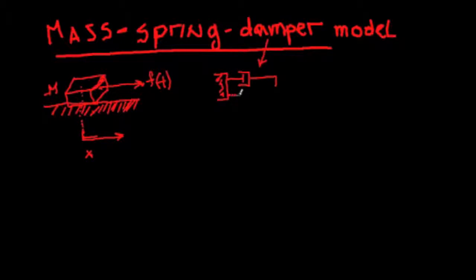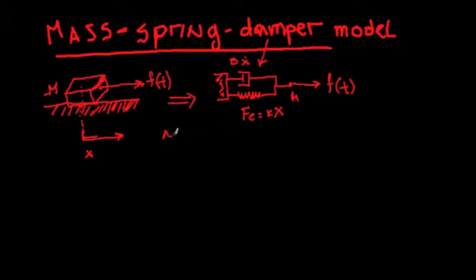In addition to this, we have elastic force that is also present, and we know that this is k of x, while the friction force or damping force is b x dot. This is the mass here, and this mass is under the influence of this f of t. So this is the schematic of the model.